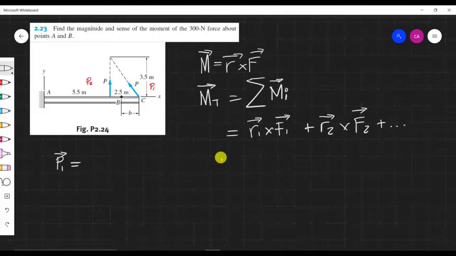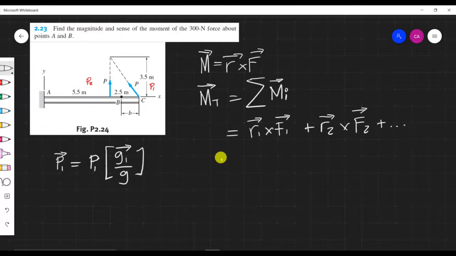Hindi given yung angle. So, dahil hindi given yung angle, P is equals to P sub 1, yung magnitude ng P sub 1, yung lagi nating formula, P sub 1, direction vector over direction magnitude.